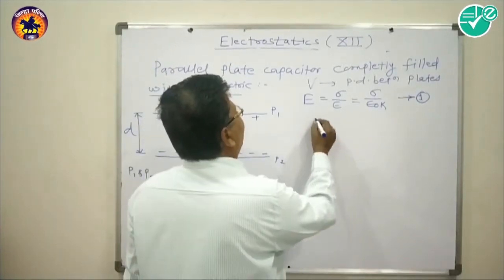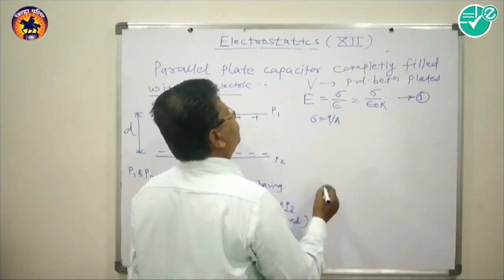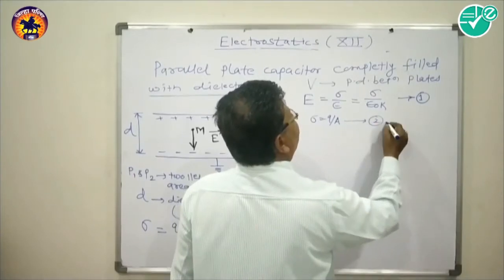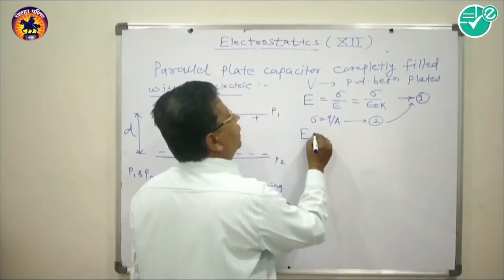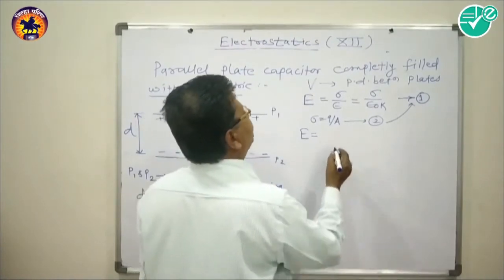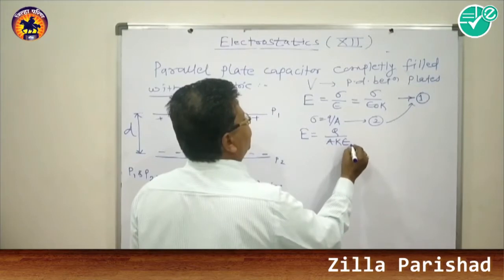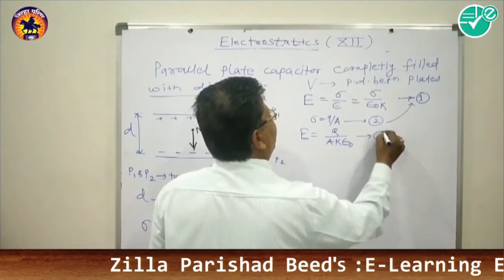Again, we know that sigma is equal to Q by A. If this value is substituted in equation number 1, then we get E is equal to Q divided by A K epsilon 0. Suppose this is equation number 3.